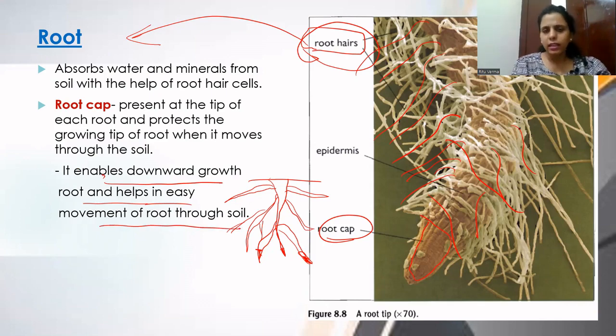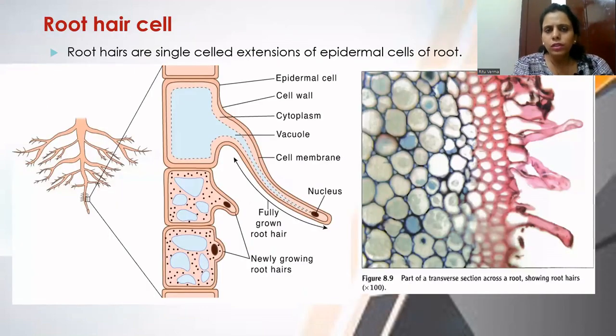Now let's understand the structure of the root in detail. We all know that in animals as well as in plants, there is a layer of cells which covers the external part. In animals, this layer of cells present on the external surface is known as epithelium, the epithelial layer of cells.